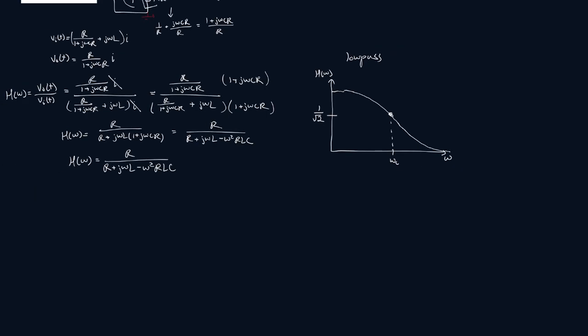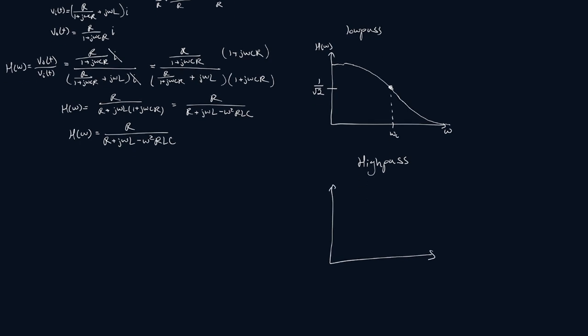Now for a high pass, when omega is 0, our transfer function is 0, but as we begin to increase omega toward infinity, our transfer function also begins to increase, all the way up until 1.